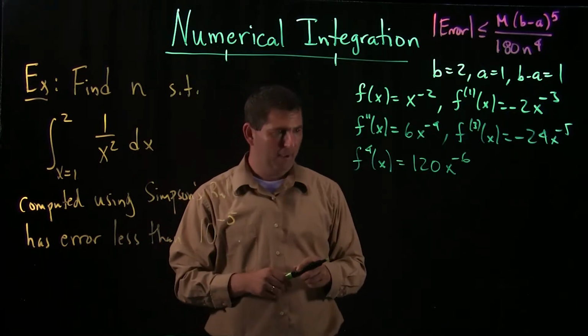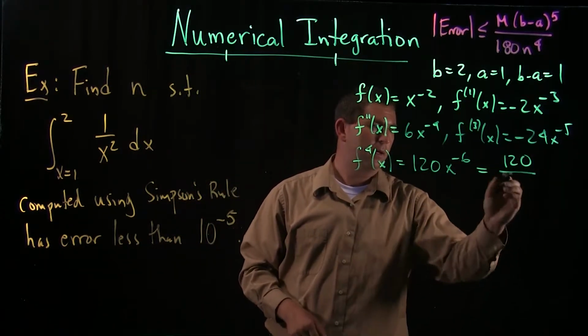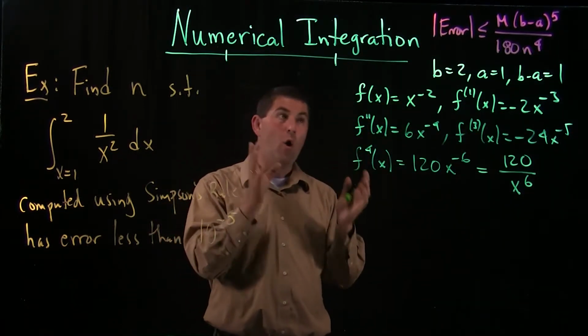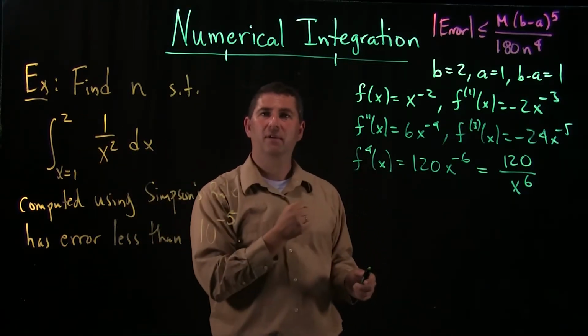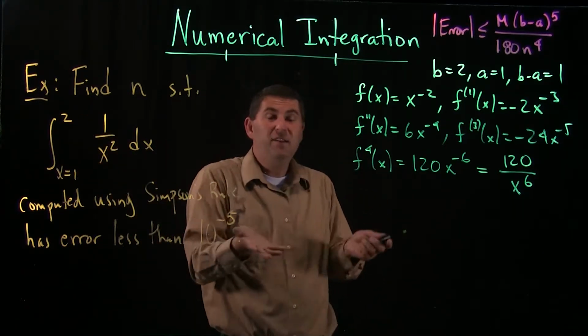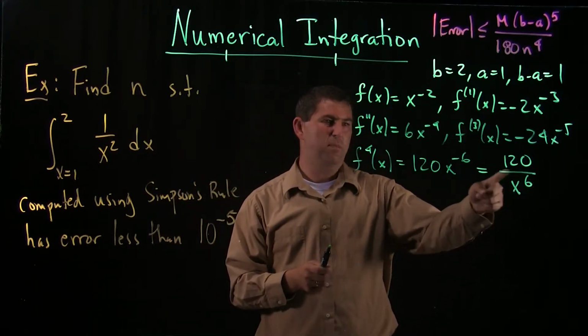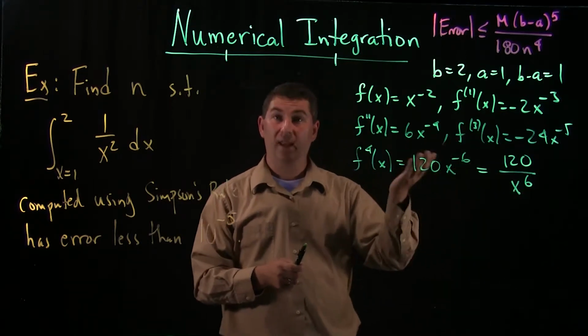Okay. And I'm going to rewrite this because I understand this better as a fraction. I want to know on the interval 1 to 2, when is this biggest? And in this case, that's not that hard of a problem. We know that when x is a positive number and you make x bigger, the denominator gets bigger.